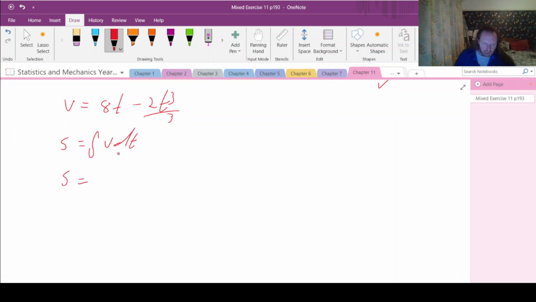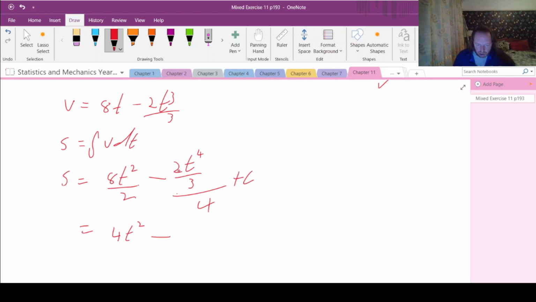So distance is equal to 8t squared over 2 minus 2t to the 4 over 3 over 4, and that all becomes 4t squared minus, 2/3 divided by 4 comes out as 1/6, so 1/6 t to the 4 plus c is the distance.